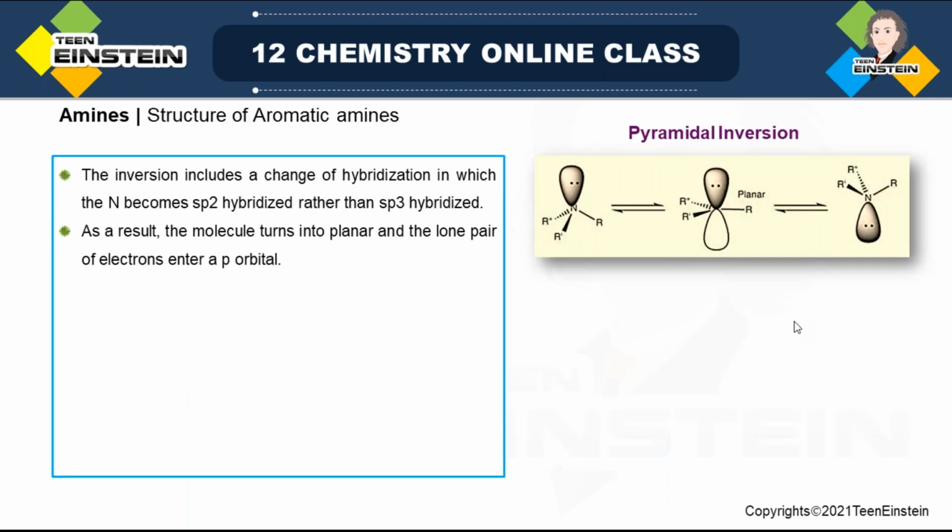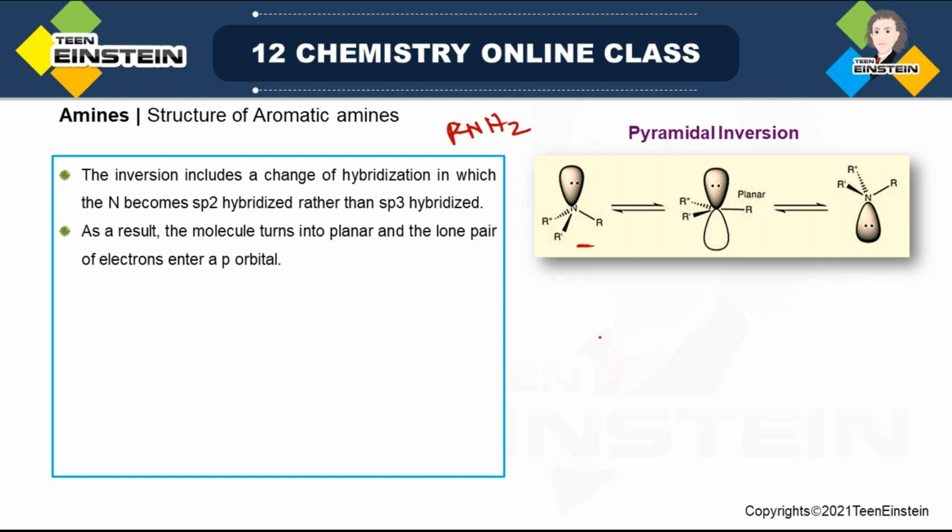Structure of aromatic amines. In case of aliphatic amines, we have seen, if I write it like RNH2, it will be R2NH also. Here the nitrogen is sp3 hybridized, but unlike aliphatic, when you have an aromatic amine, there is something different. Before going to the actual discussion, let's try to understand what pyramidal inversion is.